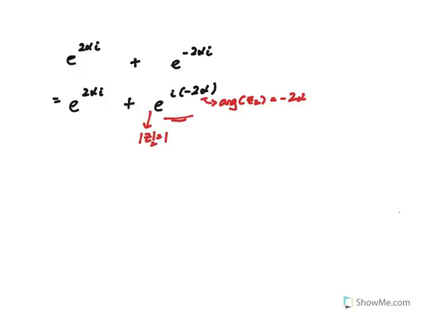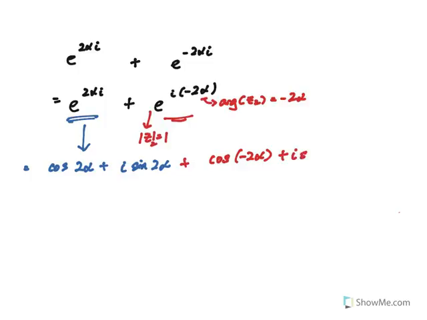Over here we are going to quickly convert it into the polar form: cos 2 alpha plus i sine 2 alpha, this is the blue color portion. And the red color portion is just cosine negative 2 alpha plus i sine negative 2 alpha.